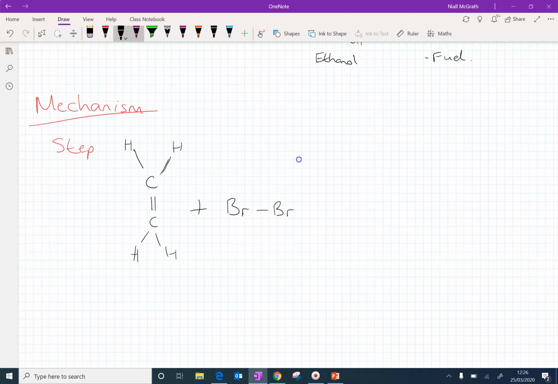As this Br2 molecule comes close to the ethene, it becomes polarized. This region here where the double bond is, that is electron rich.